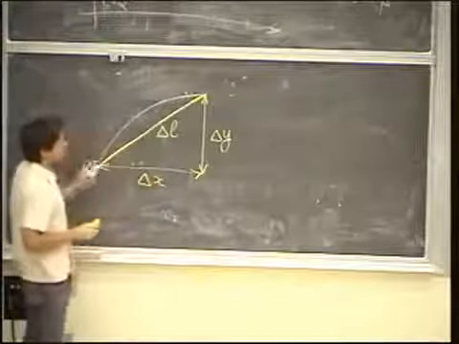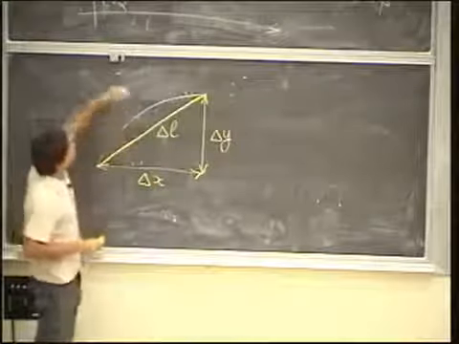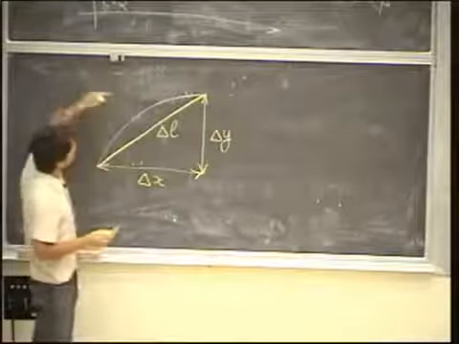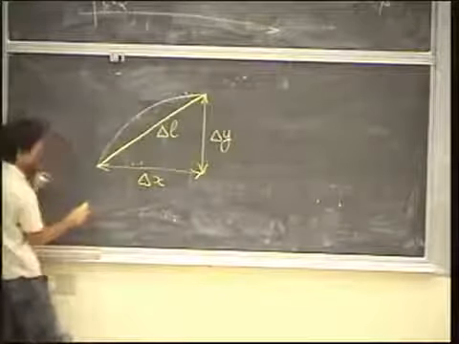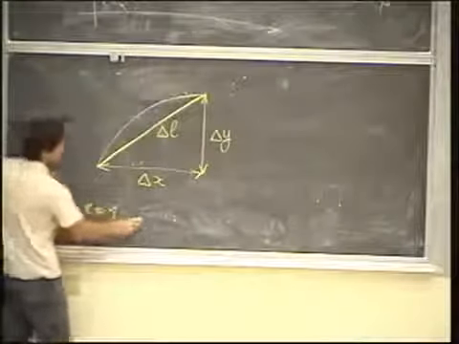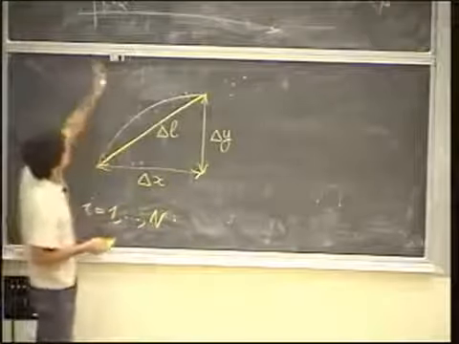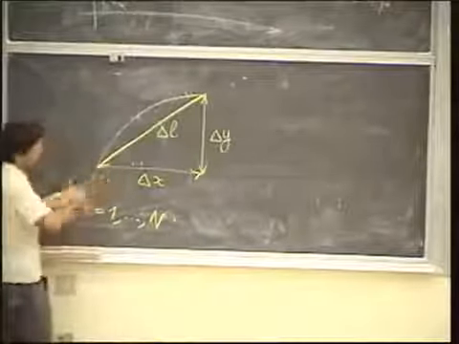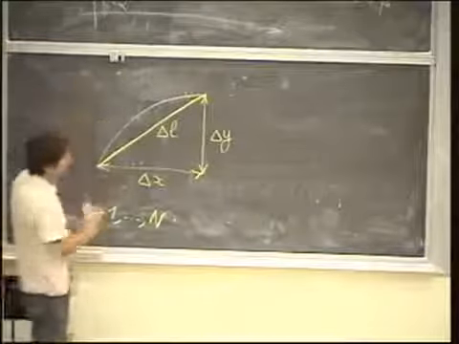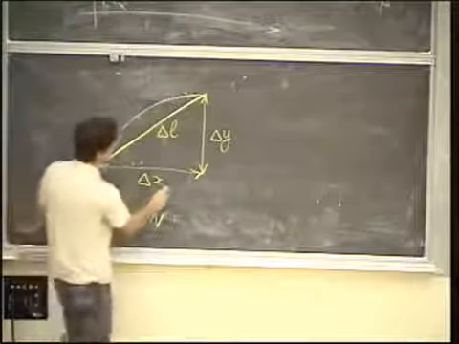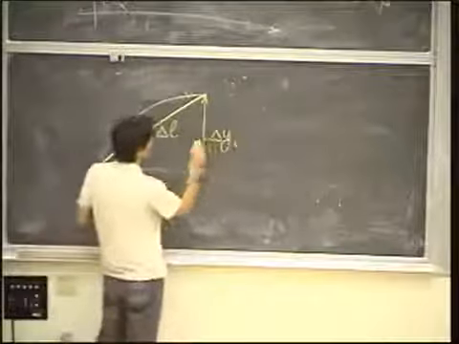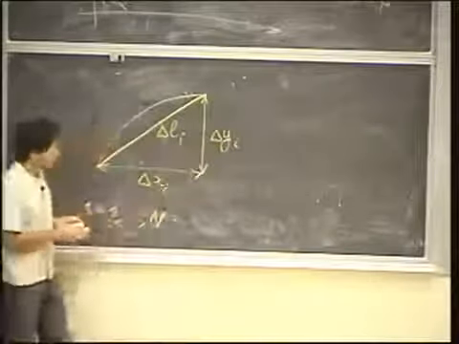Now, I want to say that this is for a particular segment. And let's say the segments will be numbered from 1 to n, where n is some large number, say 1,000. Well, in this picture, it's about 10 or so. But you want to break it into many pieces. So this would be really delta x_i and delta y_i and delta L_i.